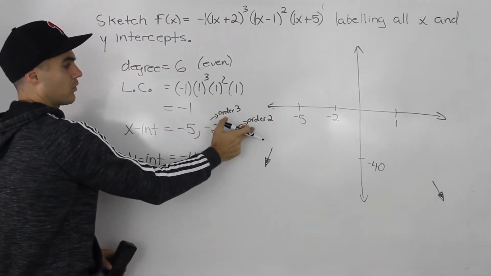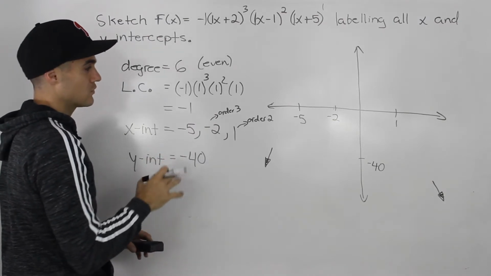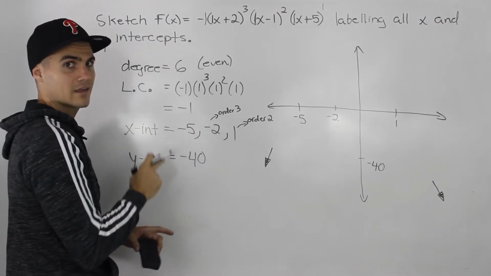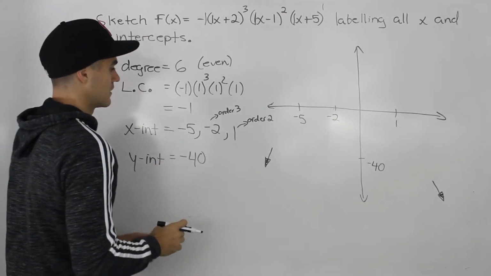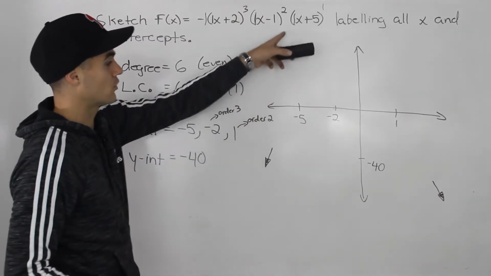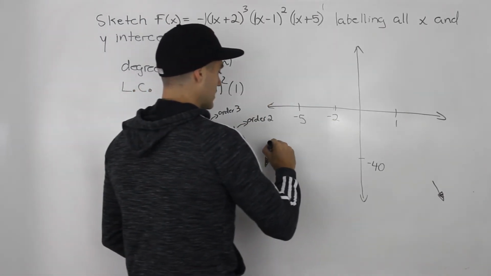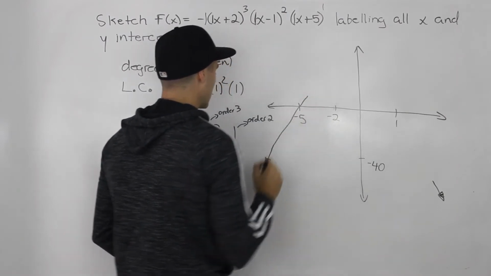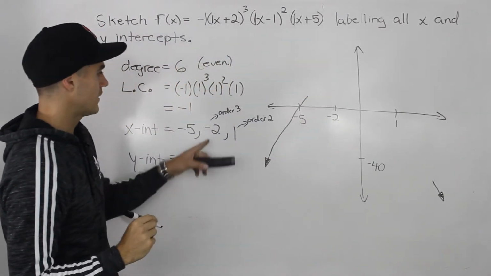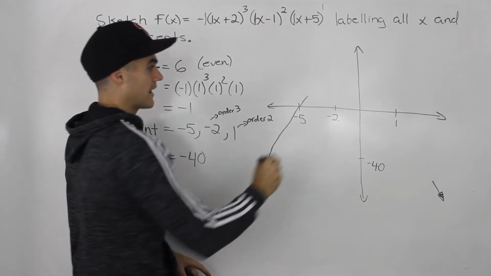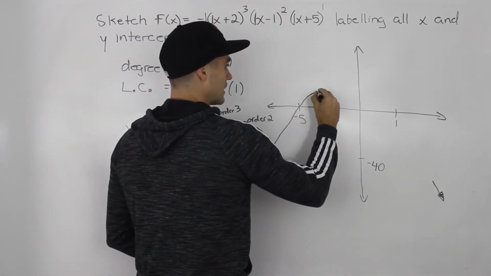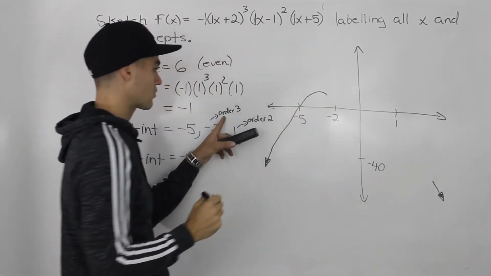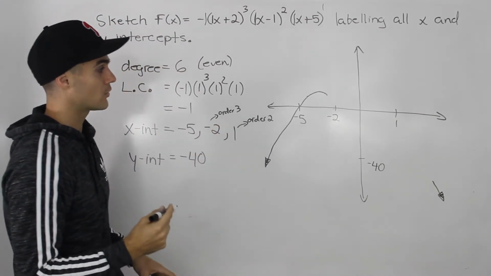These are pretty important because they tell us what the behavior is going to be when we hit those x-intercepts on the graph. So this -5 has an order 1, so the function is going to go through the -5. And then it's going to get to this x-intercept of -2, and because -2 has an order 3, that is an odd order.